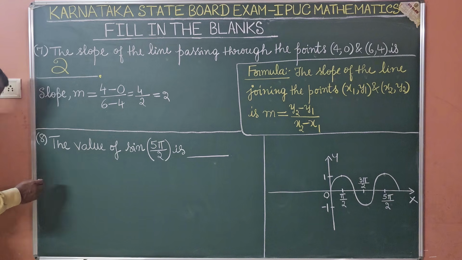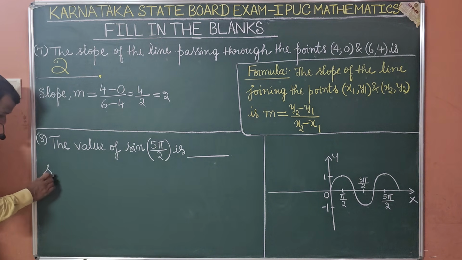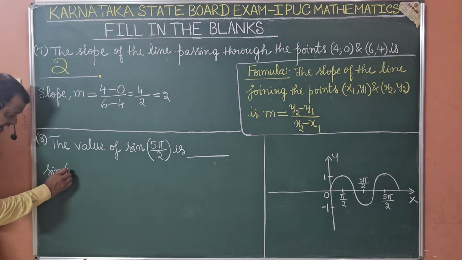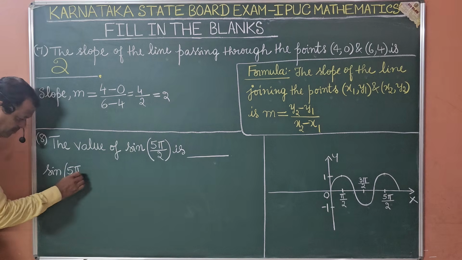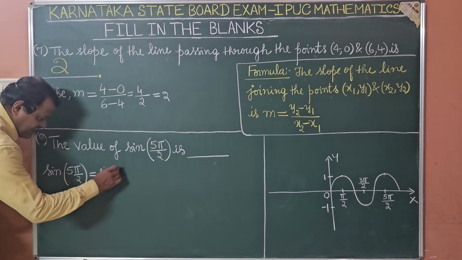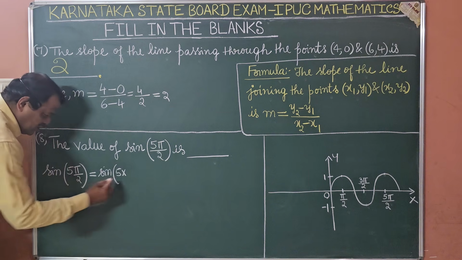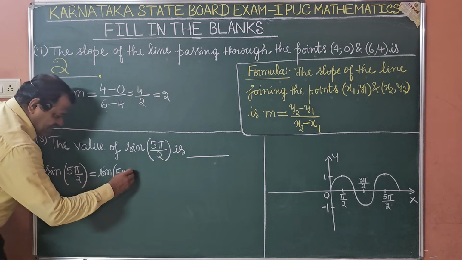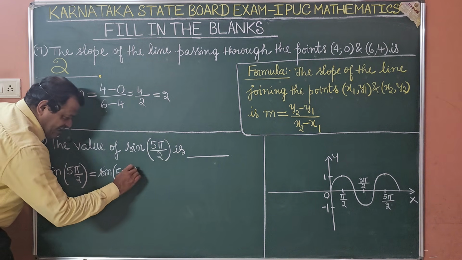Or I will show one more way. Just listen here, please understand. Sine of 5 into pi by 2. This can be written as sine of 5 into, so this pi by 2 is nothing but 90 degrees.